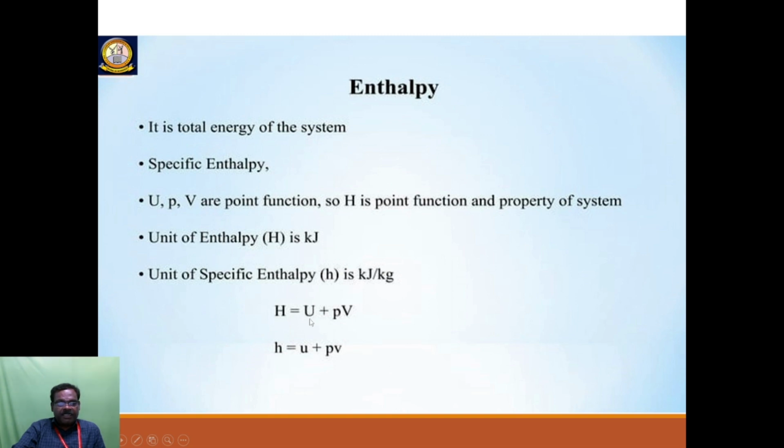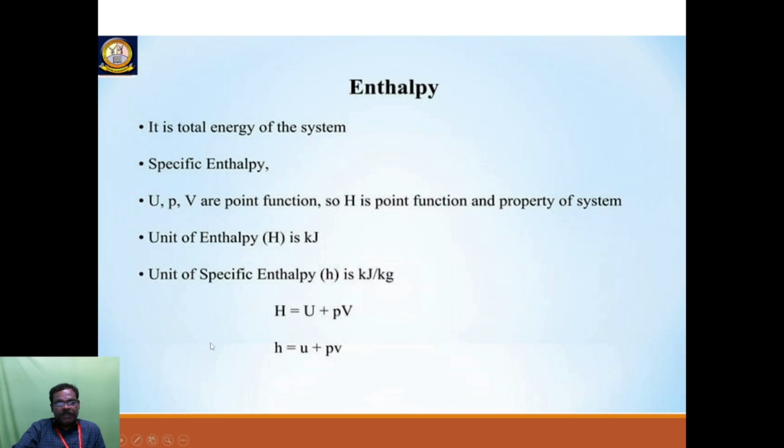U is the internal energy; every system has its own internal energy. Then plus the product PV is called enthalpy. Specific enthalpy is considered here, and its unit is kilojoules per kilogram.